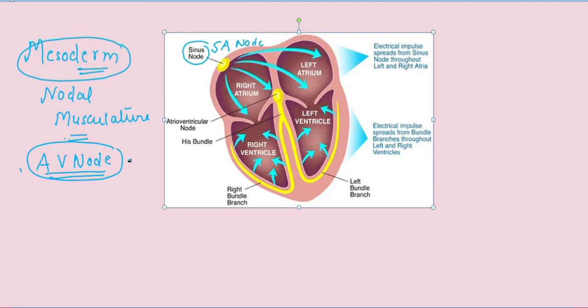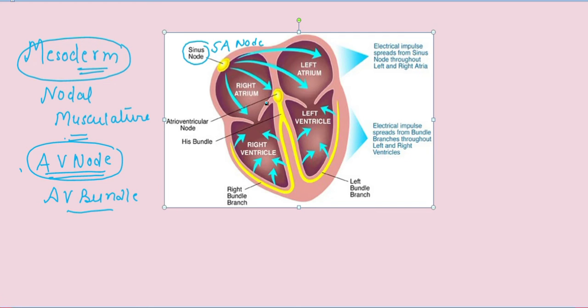Now a bundle of nodal fibers arises from the AV node, and this bundle is called the AV bundle, right? This bundle arises from the AV node present at the left corner of the right atrium.